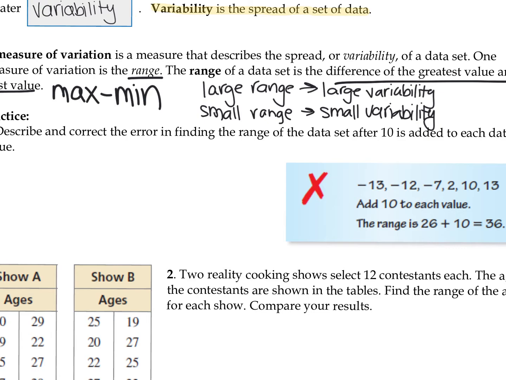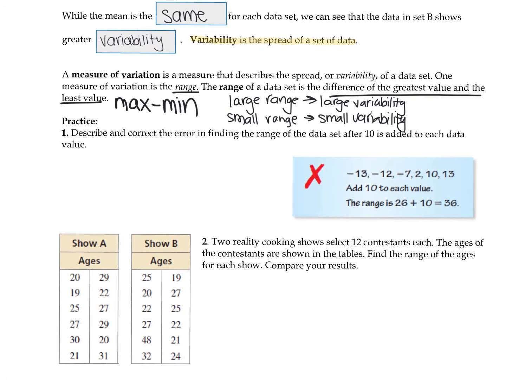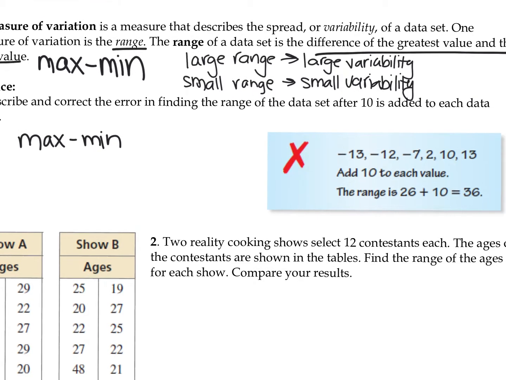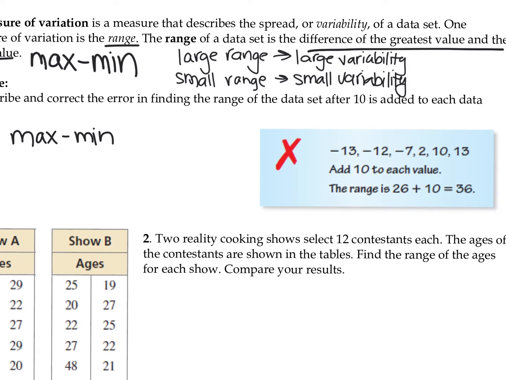So when we do our range, we want to do the maximum minus the minimum, which here, our maximum value, if we're adding 10 to each value, we're adding the same amount to every value, it's not going to change which is our maximum.